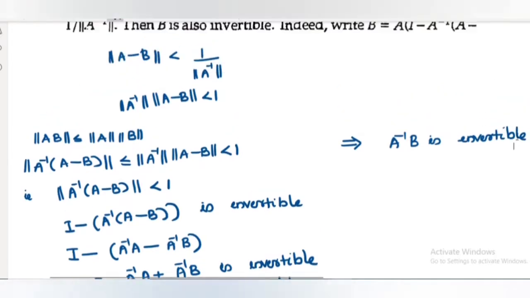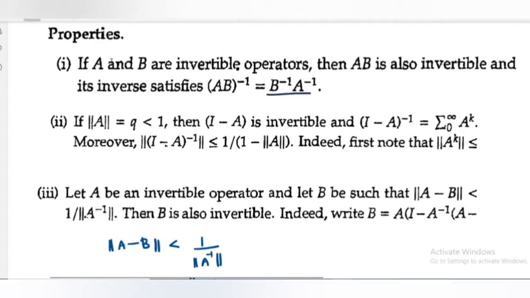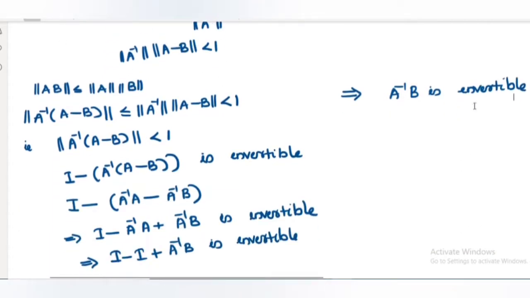What are our given conditions? A is invertible. Now you look at the first property: A is invertible, B is invertible, then AB is also invertible. Here A is invertible, and we get A inverse B is invertible. So applying the first property, we get A into A inverse B is invertible.